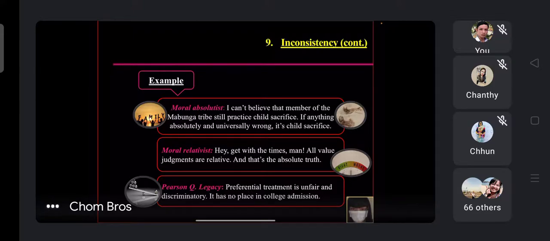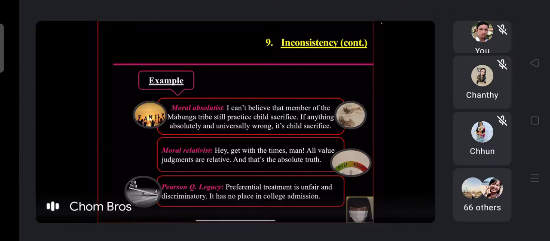The first is about moral absolutes. I can't believe that members of the Mandika tribe still practice child sacrifice. Child sacrifice is absolutely and universally wrong. Moral relativists hate that. The second: get with the times, man.